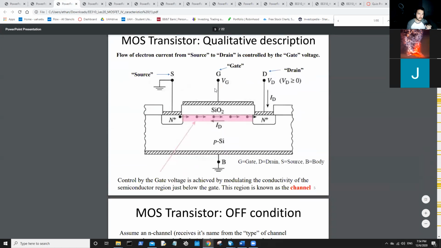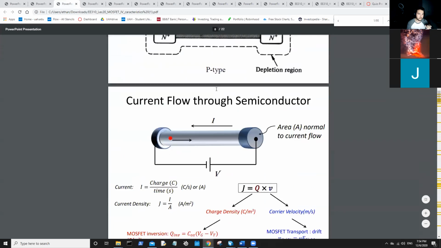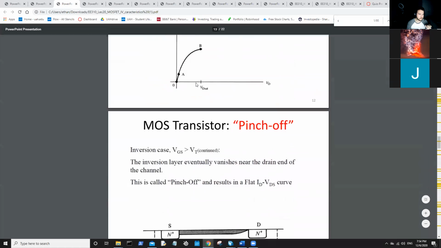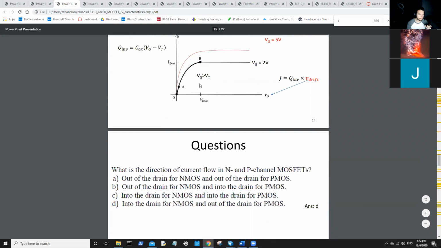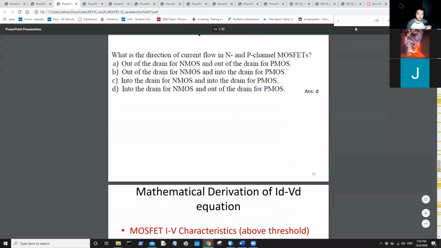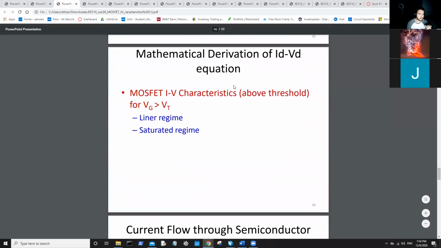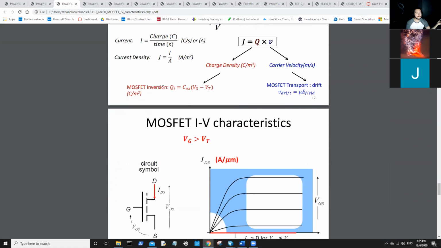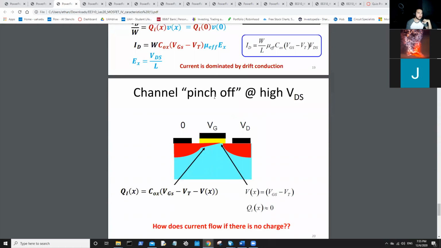So here's where we start on MOSFET. I have a bunch of information. Oh, why is this searching? Get out of here. We have inversion characteristics of MOSFET.